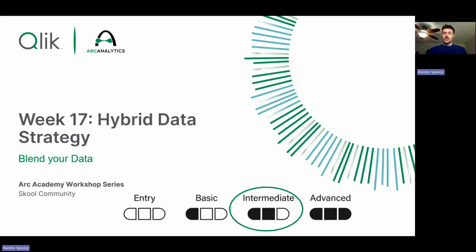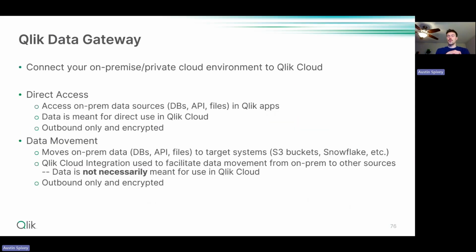All right. So now the Qlik Data Gateway is a client, a tool that you can install in your environment, whether that's on-prem or private cloud, whatever environment you have with firewall restrictions that you otherwise would not be able to access from the internet. So you can install this data gateway client onto a Windows server in that environment or accessible to that environment.